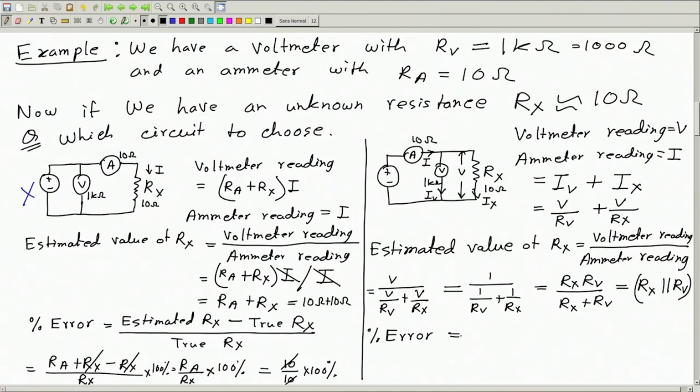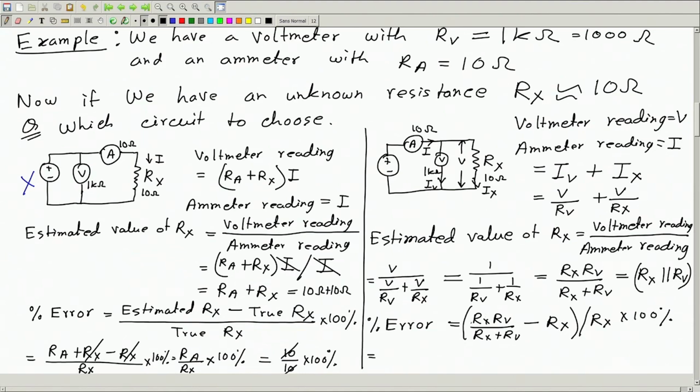Now, this is the estimated value, and how much will be the error? So let's take this formula: estimated value minus true value, divided by the true value, multiplied by 100%. So the estimated value we can write like this, Rx RV by Rx plus RV, minus the true value which is Rx, then whole divided by Rx, into 100%.